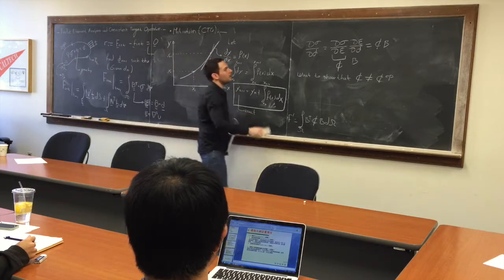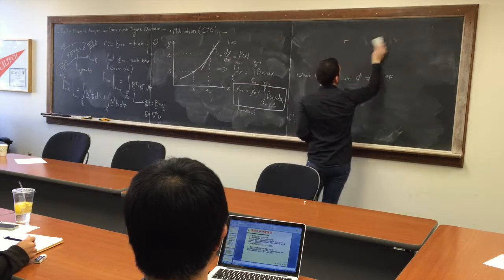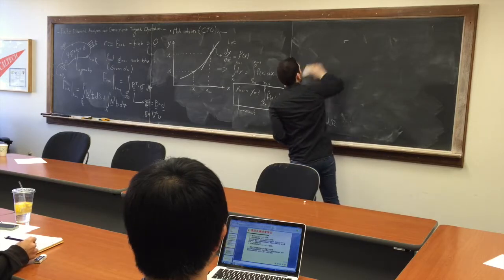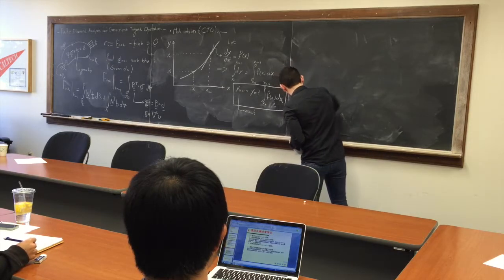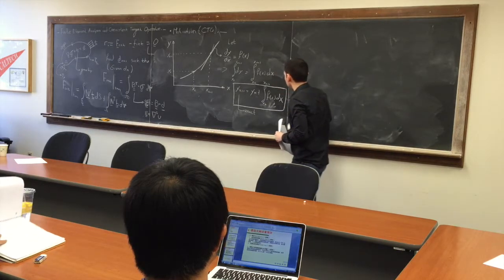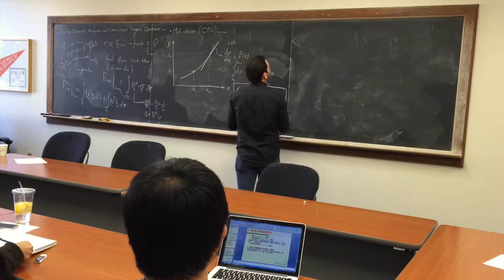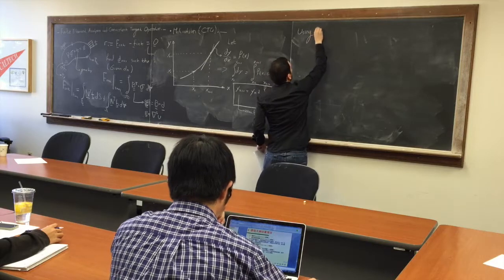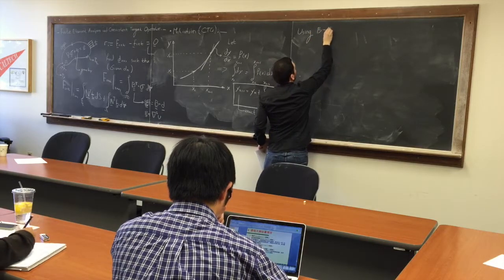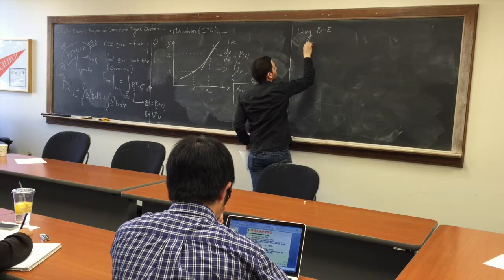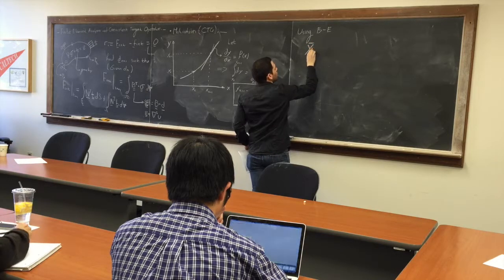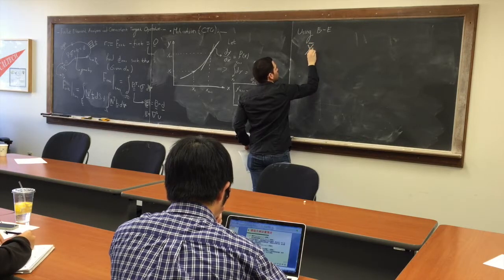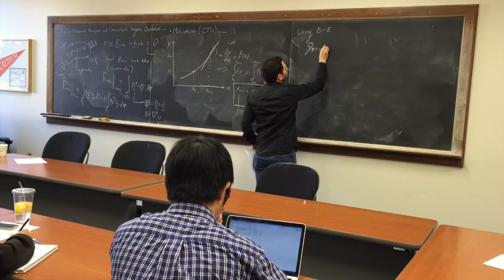And now we want to compute an approximation using backward Euler. Using backward Euler, we want to compute an approximation y bar at k plus 1.